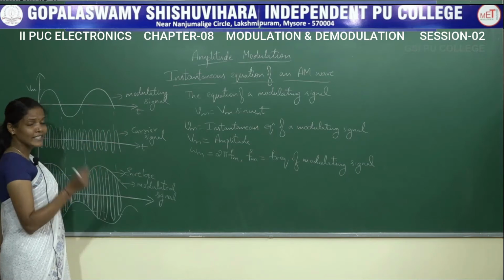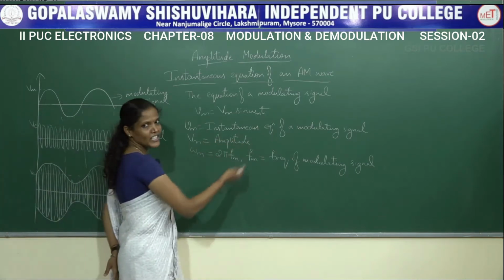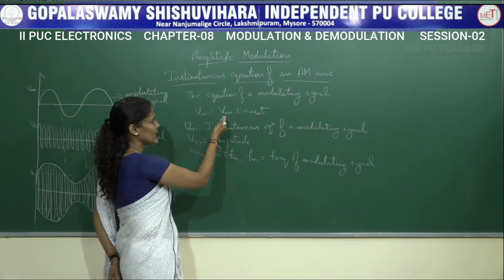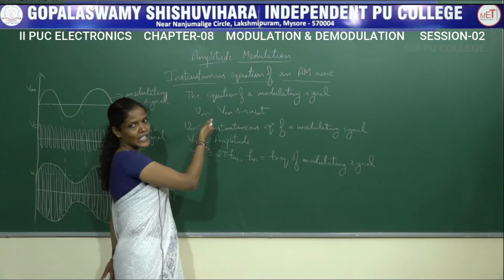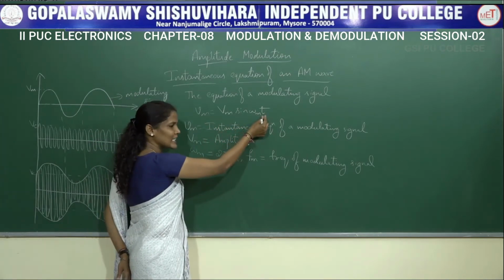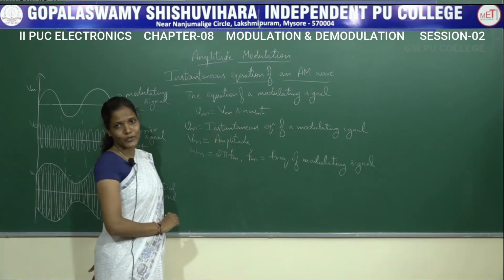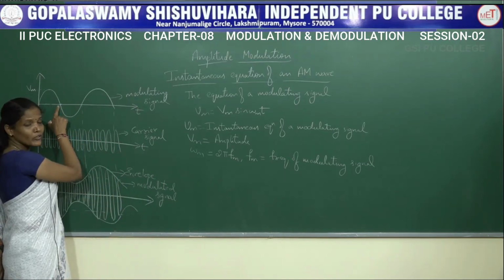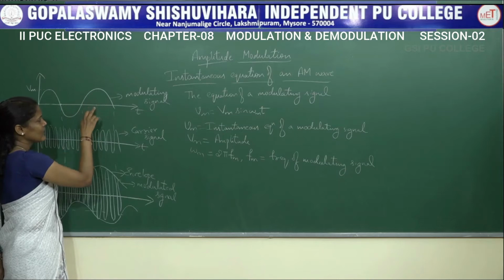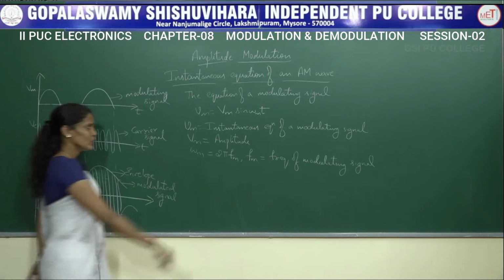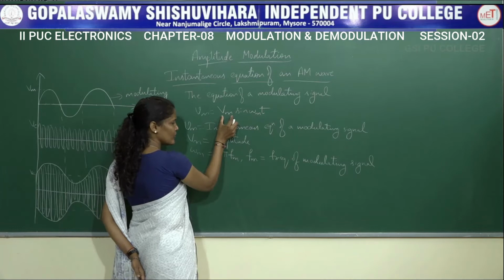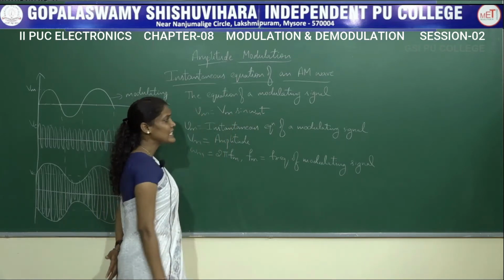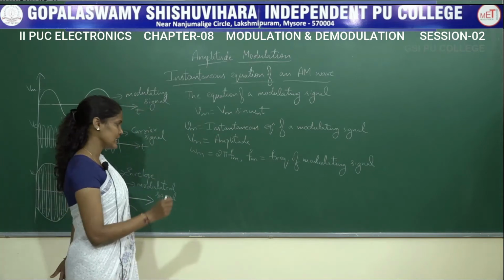By substituting the t value in the instantaneous equation, we get the value at that particular time. For example, at this time the amplitude is equal to 0. At this particular time, the amplitude is maximum. So at that time period, we measure the amplitude of that signal, and then we get the instantaneous equation of a modulating signal.